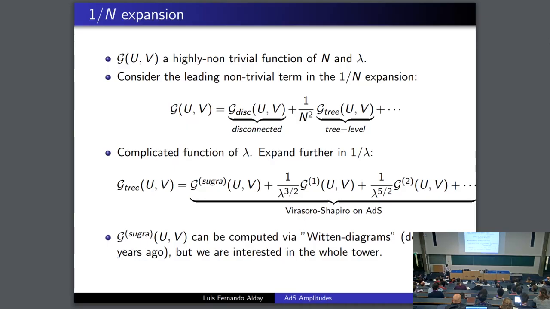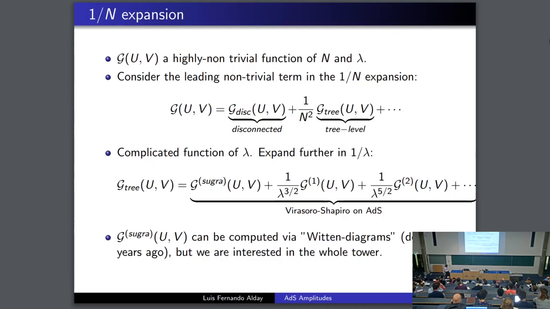So you take this function, you consider a 1 over N expansion, or an expansion in inverse powers of the central charge, and the first is a disconnected contribution, and the second piece, this non-trivial piece, is what would match to a tree-level amplitude on the string theory side.